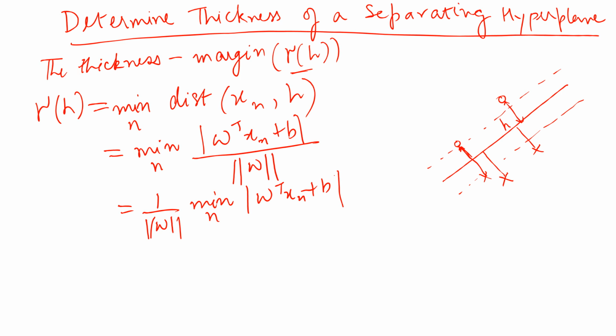All right. Now we'll do a little bit of manipulation here, depending on what we already know about a separating hyperplane. The first thing that we know about a separating hyperplane is the definition: the minimum over all points n of yn times w transpose xn plus b equals 1.